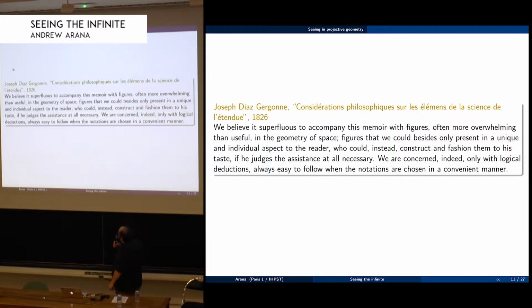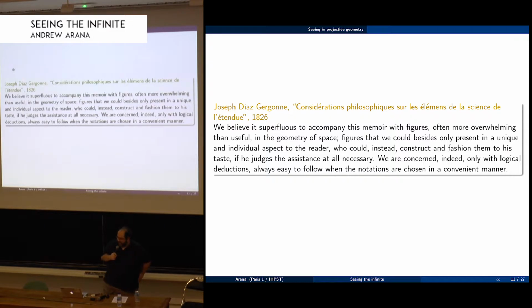So for instance, here's a citation from Gévin, who says, "We believe it superfluous to accompany this memoir with figures, often more overwhelming than useful in the geometry of space. Figures that we could besides only present in a unique and individual aspect to the reader, who could instead construct and fashion them to his taste, if he judges the assistance at all necessary.